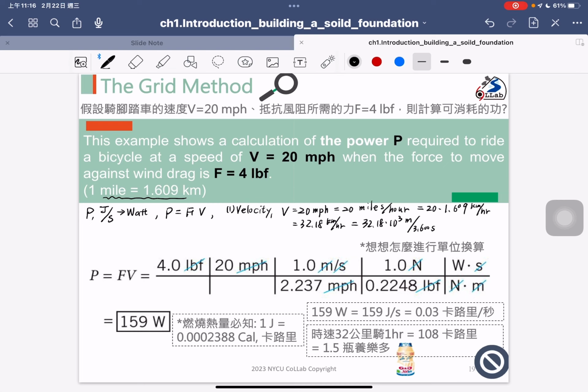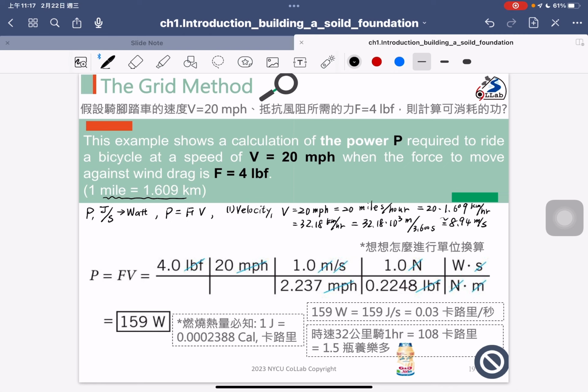Then you use the calculator to calculate the velocity in meters per second. So multiply by 1,000 for the velocity per hour, and divide by the seconds in 1 hour, and this will equal around 8.94 meters per second. So I keep this number.